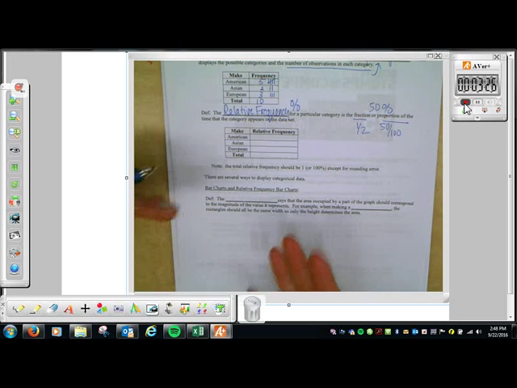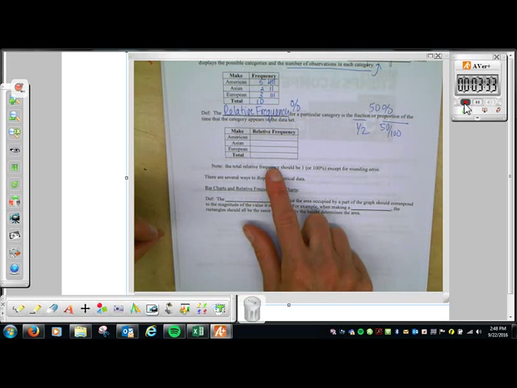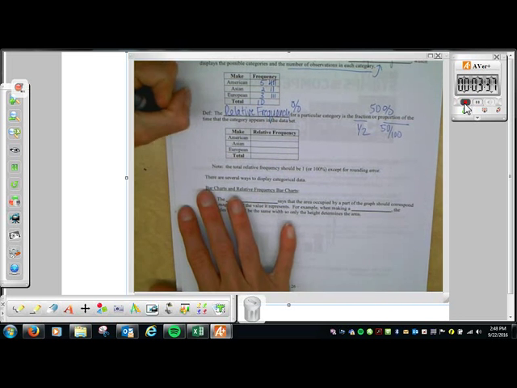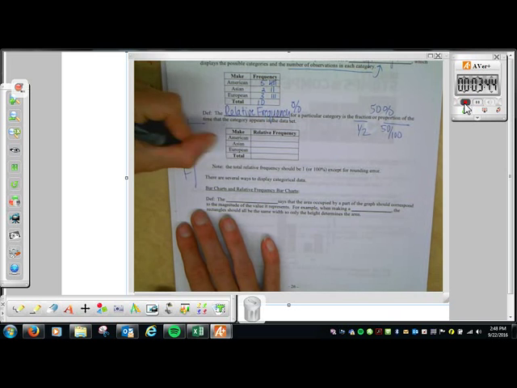So now we take our raw data, our raw frequencies, how many of each, and we change them into percents, which is very nice to know. I like to know this when I go over tests. So when you take a test, I will make a frequency table for the tests. I will tally up the number of A's, B's, C's, D's, and F's.